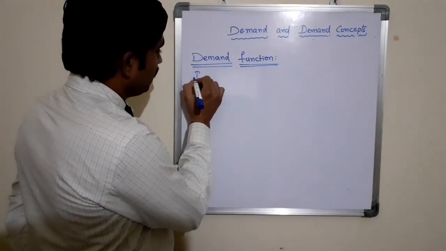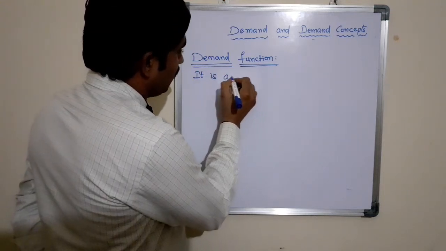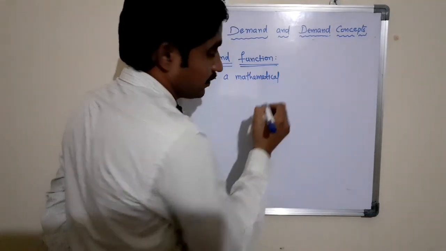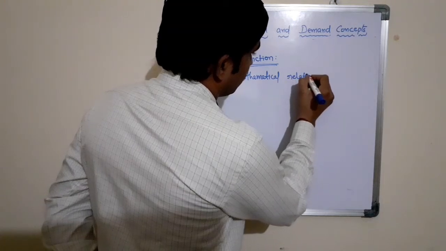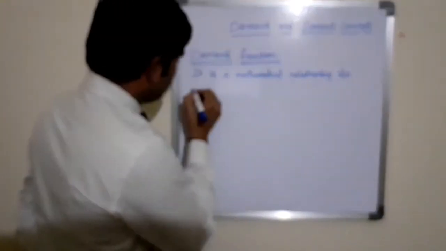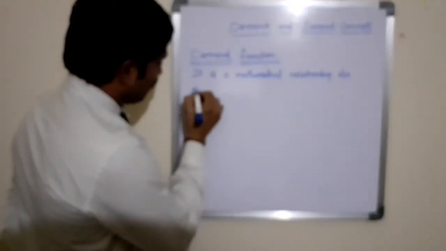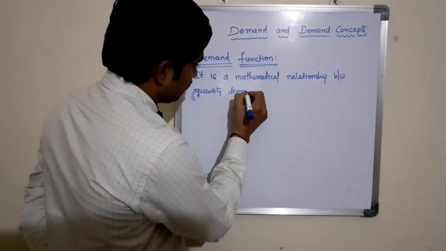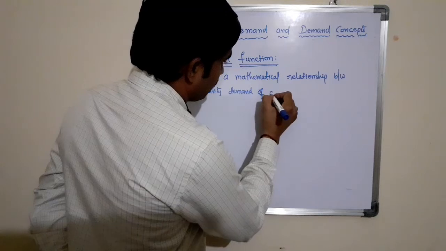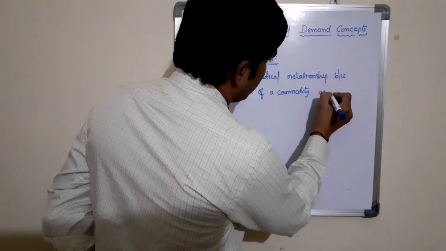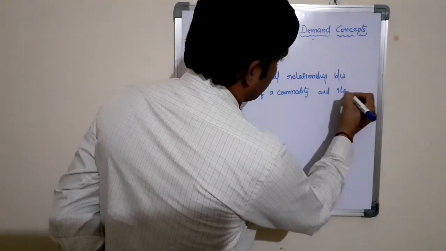Demand function is a mathematical relationship between quantity demanded of a commodity and its determinants.